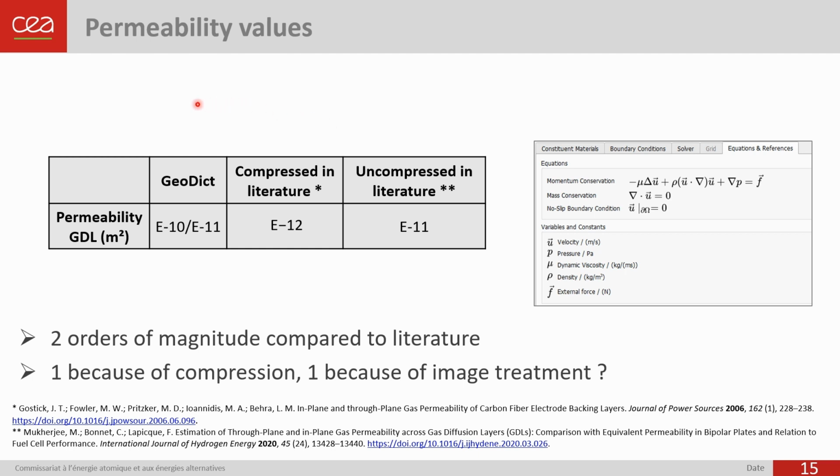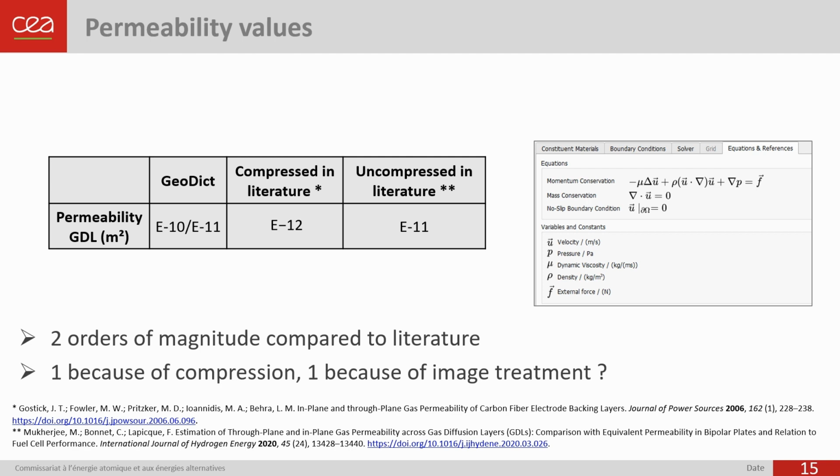Now let's see the permeability values. This time we have different values when we compare GeoDict and the literature. Because on GeoDict we often have permeability values of around 10^-11 to 10^-10 m², whereas in the literature most of the values are around 10^-12 m².